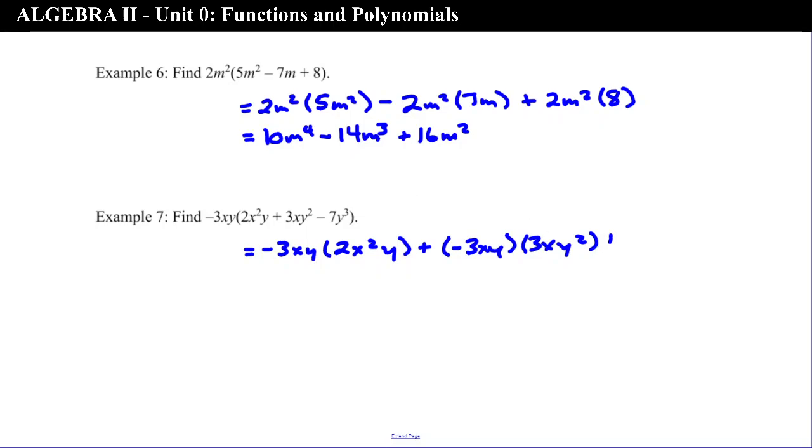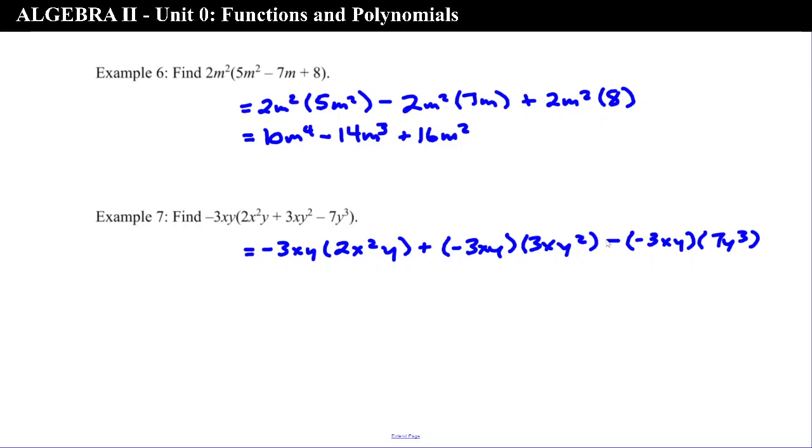And then we're subtracting a negative 3xy times 7y to the third. It is very important to keep track of what operations are being done and what the signs are on your things.